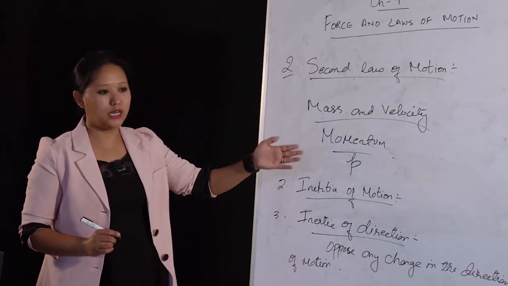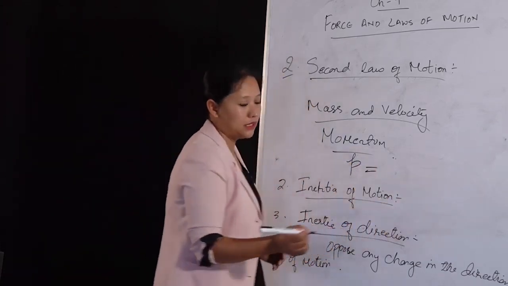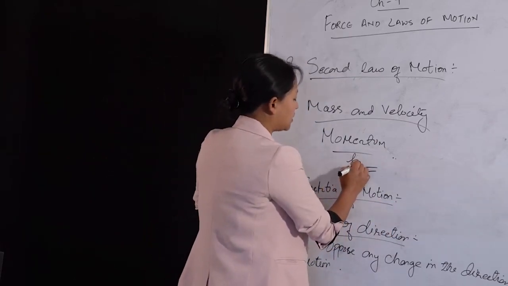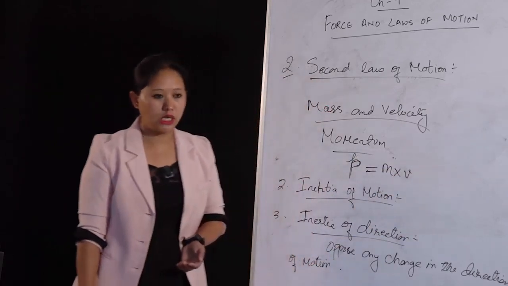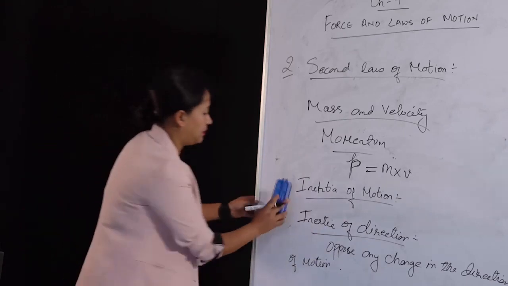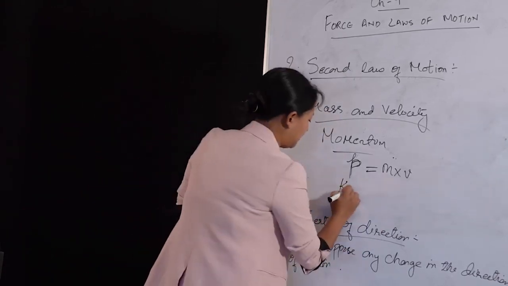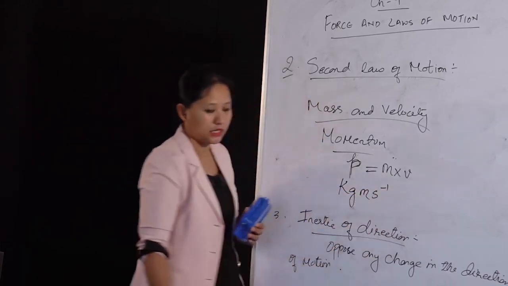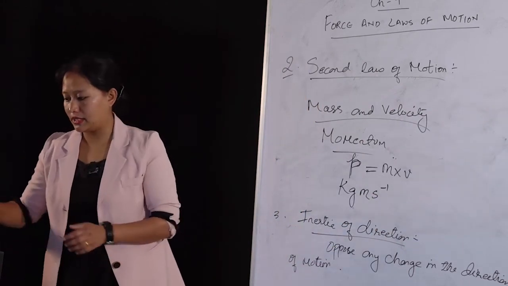Momentum is the product of mass and velocity, and it is denoted by the small letter p. Mathematically, we can write momentum p is equal to mass into velocity. And the SI unit of momentum is kilogram meter per second.